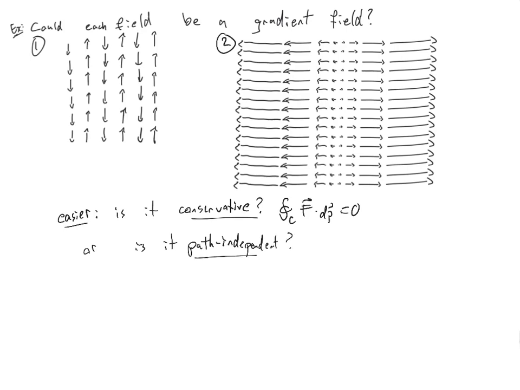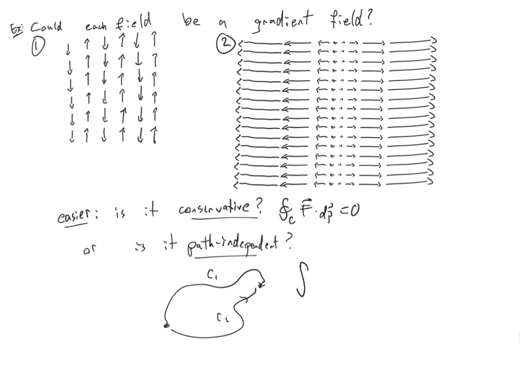I don't think I mentioned this before, but how do you go between path independent and conservative? Well, if you know something is path independent, so it only depends on these two endpoints, for any pair of endpoints you take one curve going this way and another curve going this way, C1 and C2.